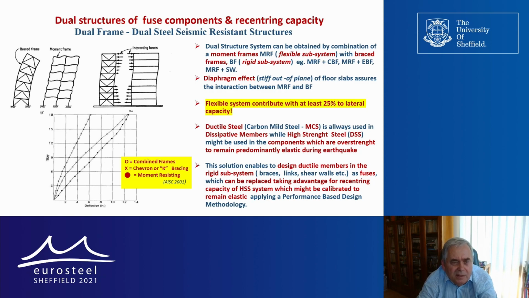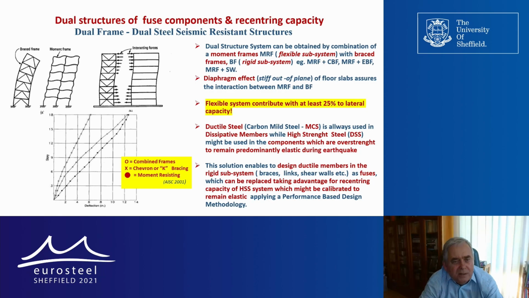In principle, we are speaking here about the resistance against earthquake. It means against horizontal action. It's for sure the braced frames are the ones which are expected to resist against horizontal action.